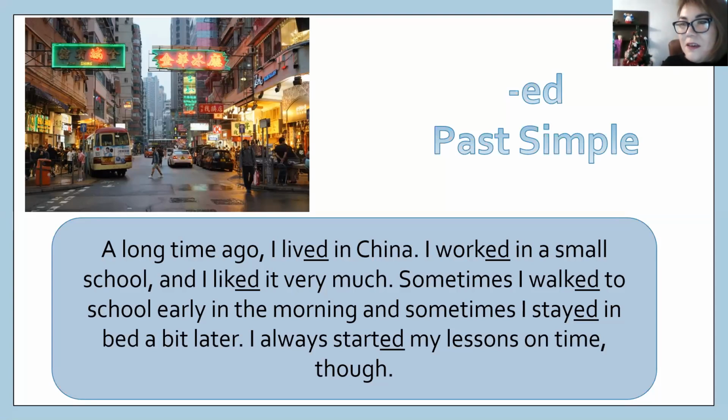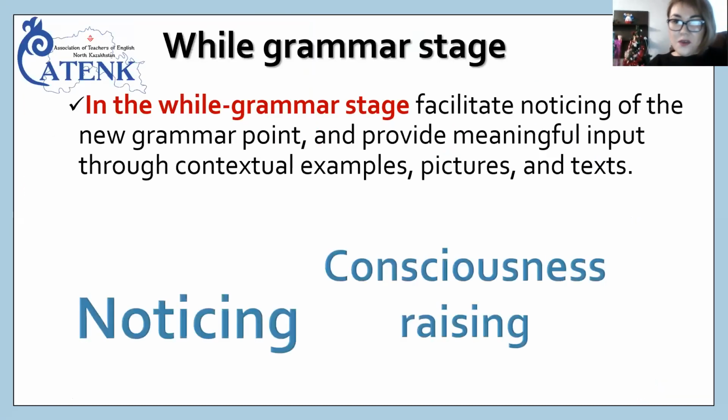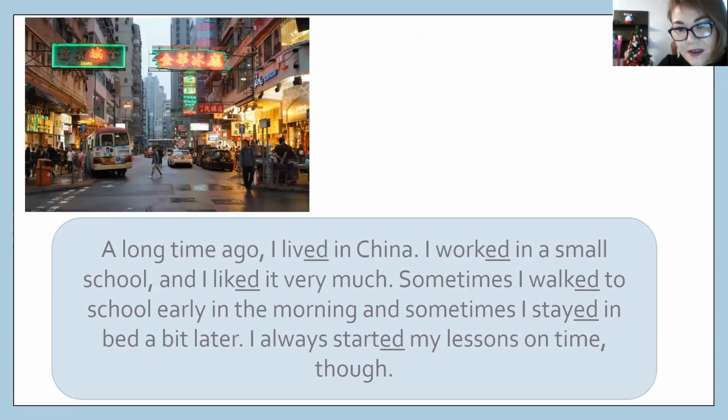I think even a less able student can see a pattern here. Why in every sentence do I see ed underlined? So maybe something here. This is what we call noticing. Make them think first about what they see. This is what I was talking about: noticing and consciousness raising. You're trying to make them conscious, to make them pay attention to the grammar structure in your input. Okay.